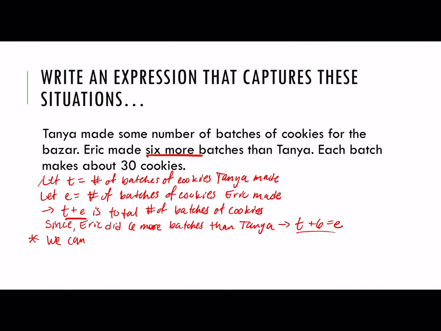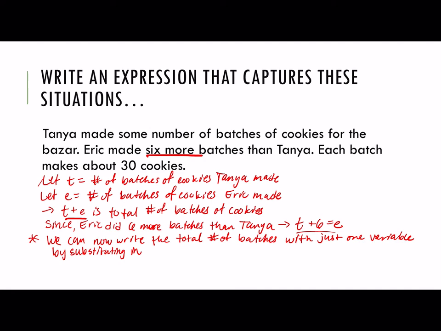We can now write the total number of batches with just one variable by substituting in T plus 6 for E in the expression for the total number of batches.